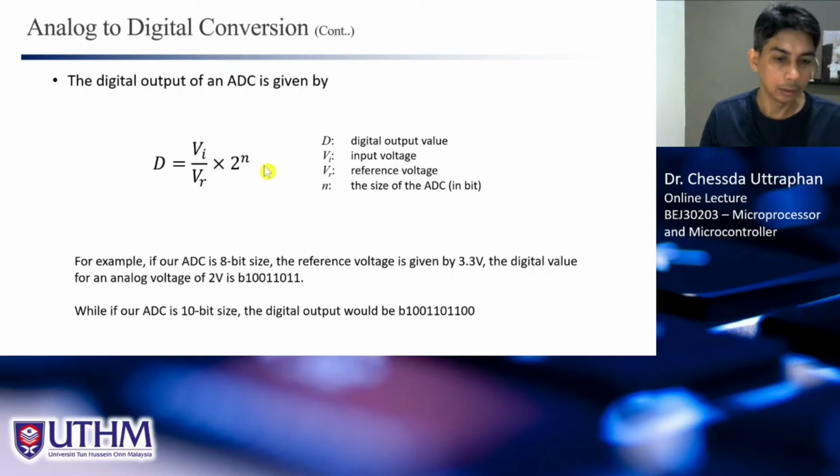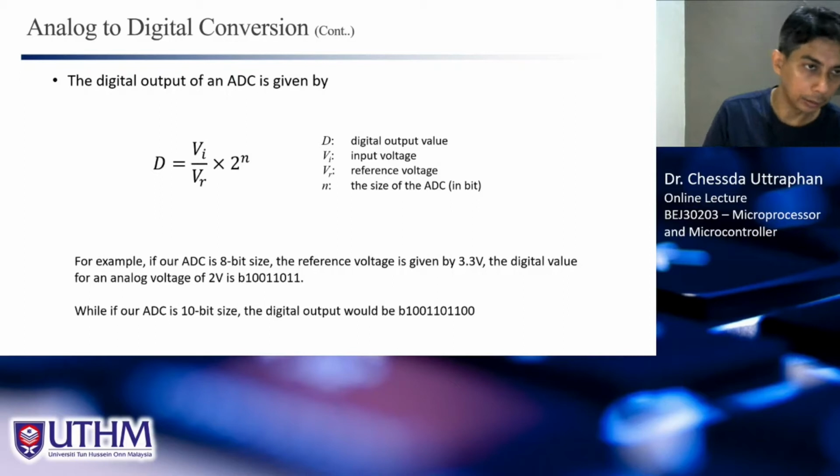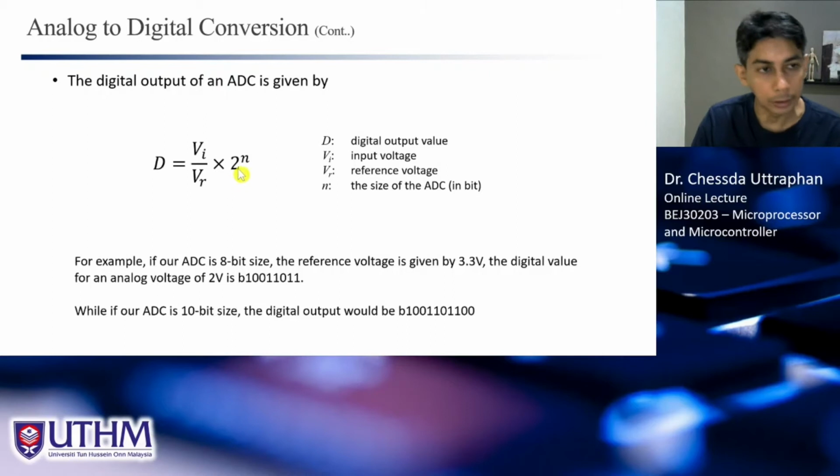So if the ADC is 3-bit, the size will be 2 power of 3, which is 8. If our ADC is 8-bit, we will have 2 power of 8, which is 256 digital representations.